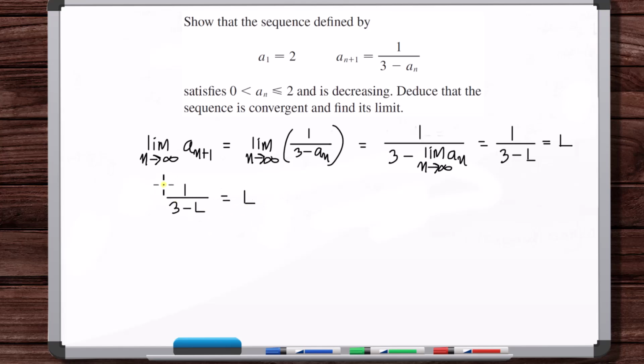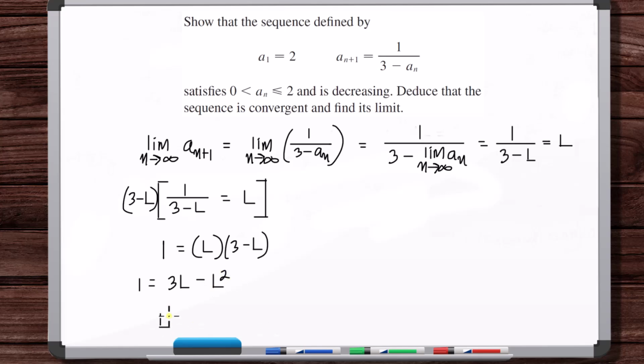So let's multiply this entire equation by 3 minus L. We get 1 is equal to L times 3 minus L. 1 is equal to 3L minus L squared.